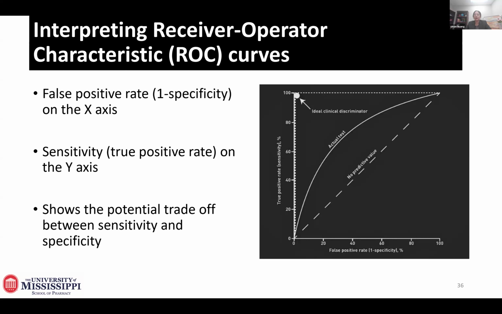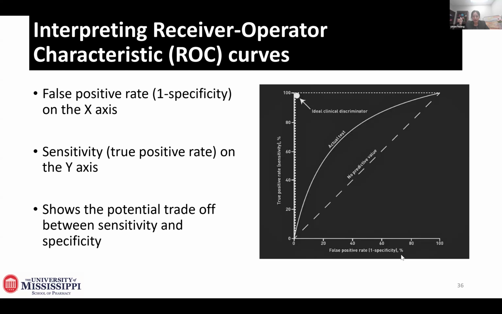It's called receiver operating characteristic curves. These ROC curves, if you notice, have an x-axis and a y-axis. It's a relationship between the false positive rate and the true positive rate.